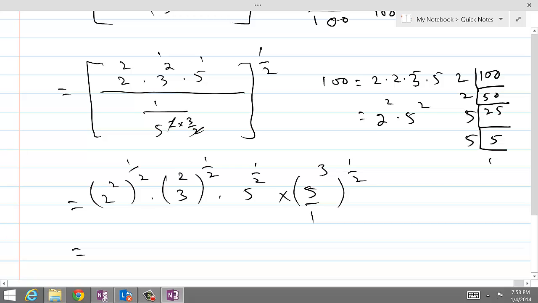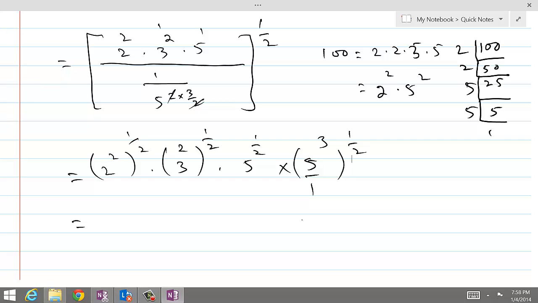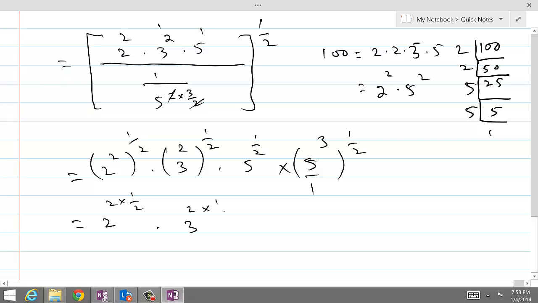And now this is 2 power 2 times 1 over 2, 3 power 2 times 1 over 2, 5 power 1 over 2 into 5 power 3 over 2.